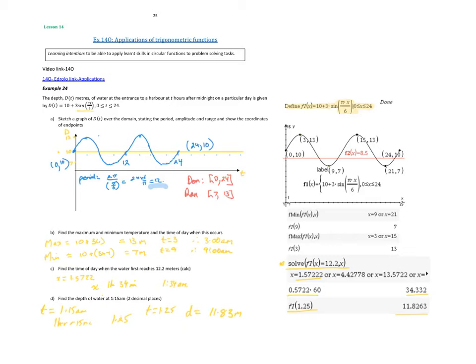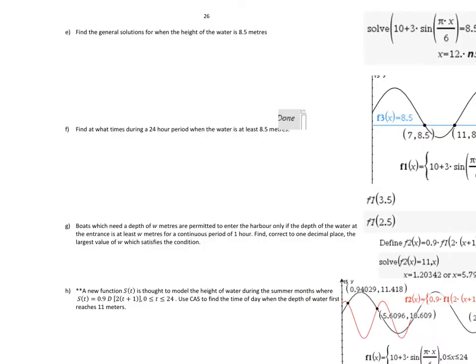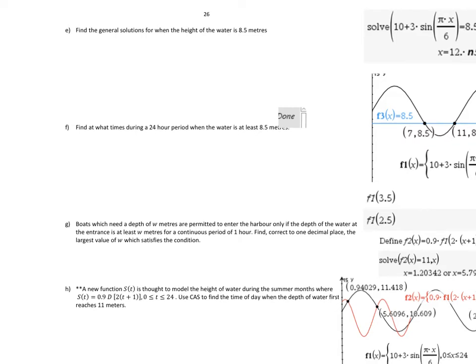Maximum is at 4, is it? That's at 3. All right, so we need to find a general solution of the equation when it's equal to 8.5. So let's solve. I want to solve 10 plus 3 sine of pi x on 6 equal to 8.5.